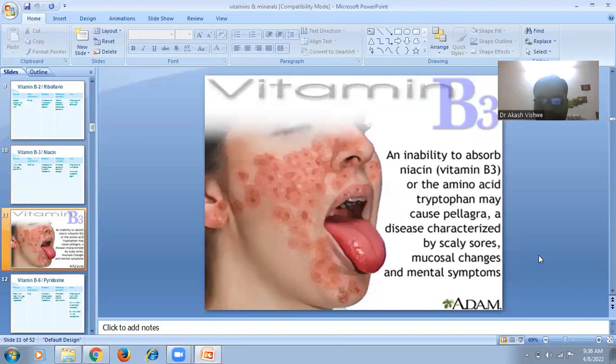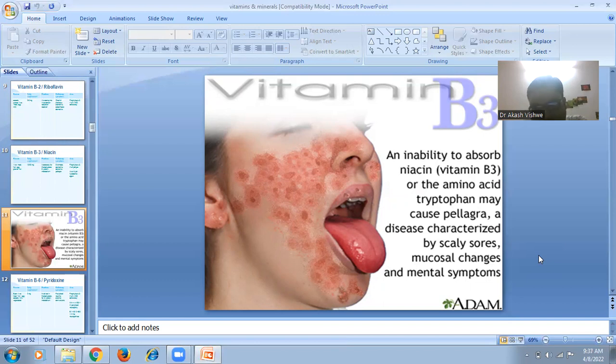So here we have a diagram of the condition which is related with the deficiency of vitamin B3, that is pellagra. Here we can see the patchy skin on the cheek and tongue.